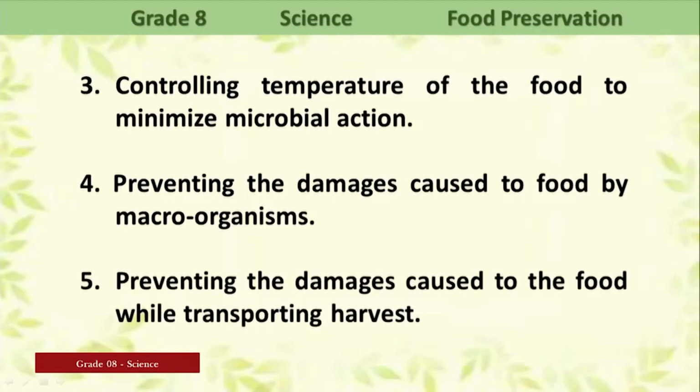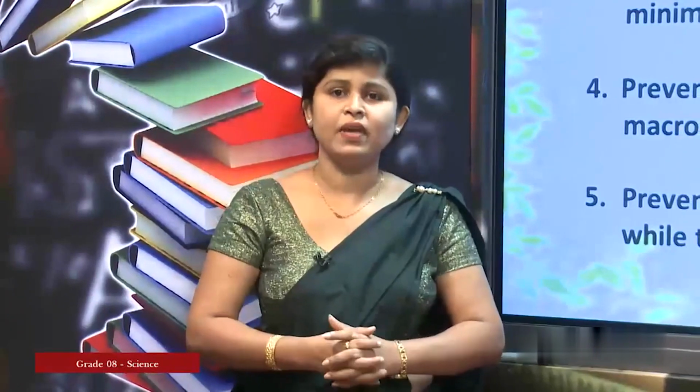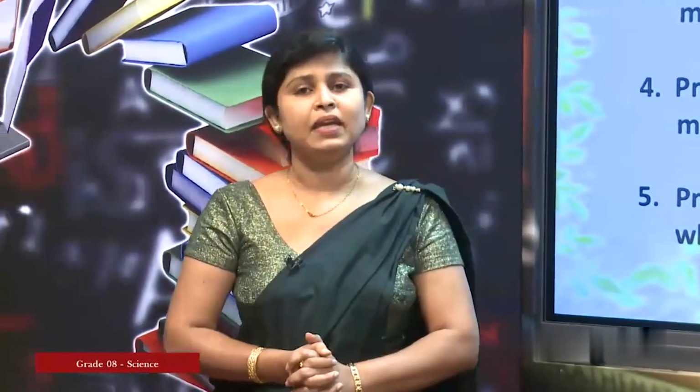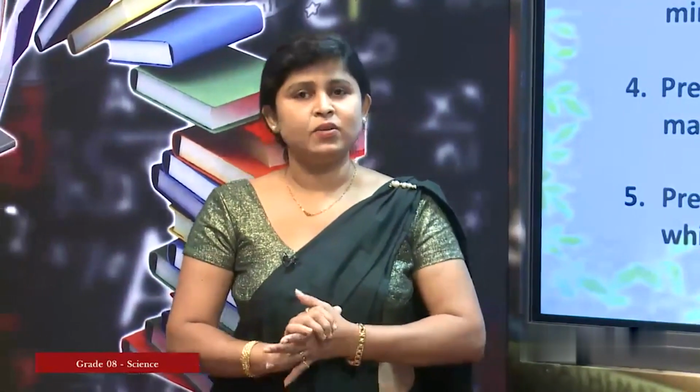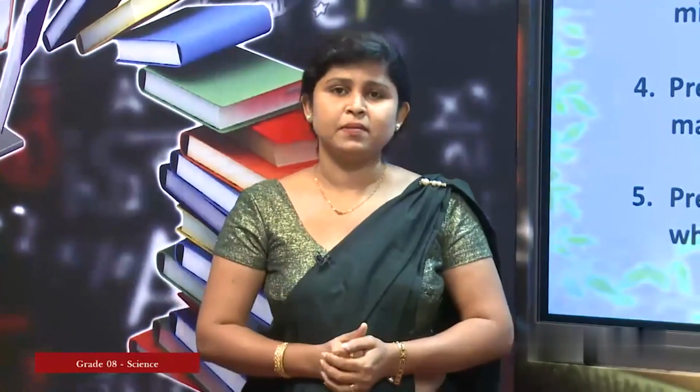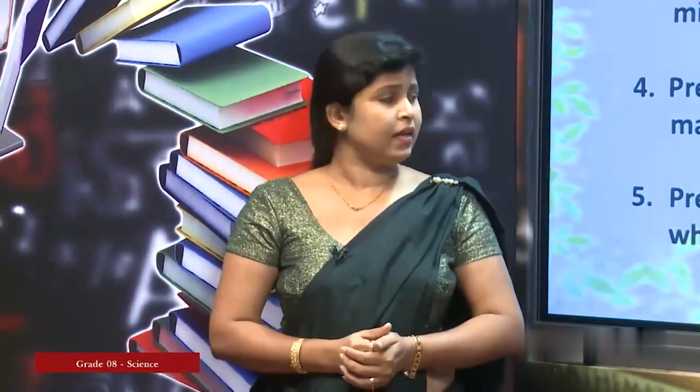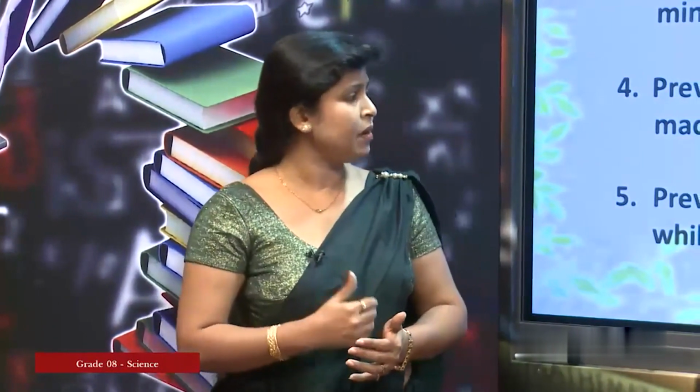Preventing the damages caused to the food while transport in harvest. You know, from harvest to the market, there are a number of instances where the food items can be damaged. The food items are subjected to cuts, bruises, lacerations, scratches and bumps. Right? So, those can be avoided.